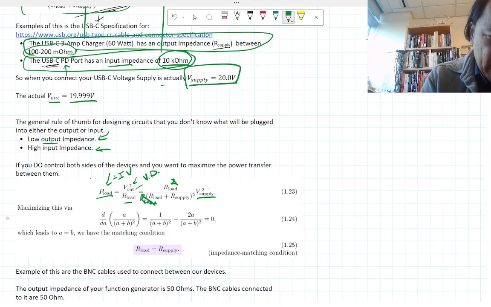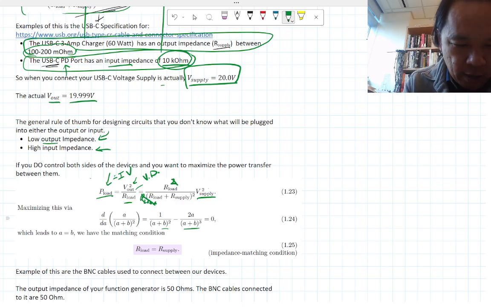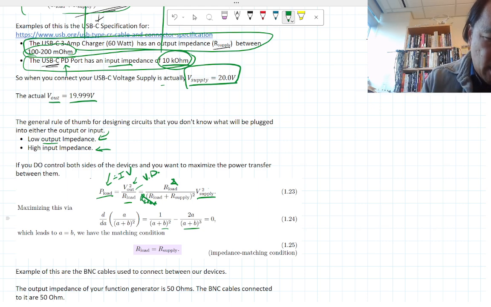Okay. So if you were to replace all these variables with just some general A, B squared, the V supplied actually doesn't matter because that's not going to be one of the variables. Okay. And if you want to maximize this, you take this derivative, which turns out to be this complicated function. And if you solve this equation and you want it to be 0, you're forced to have A and B to be exactly the same as each other.